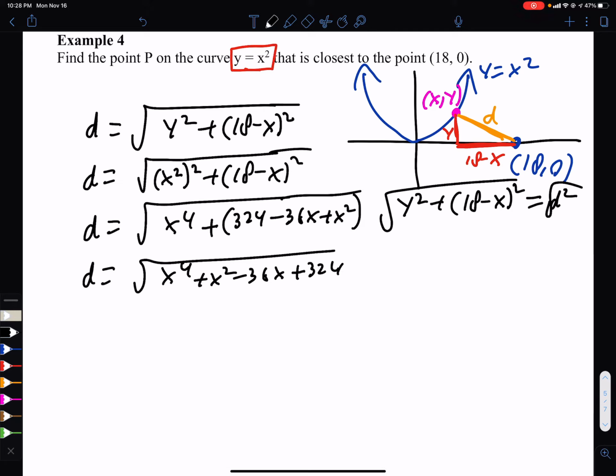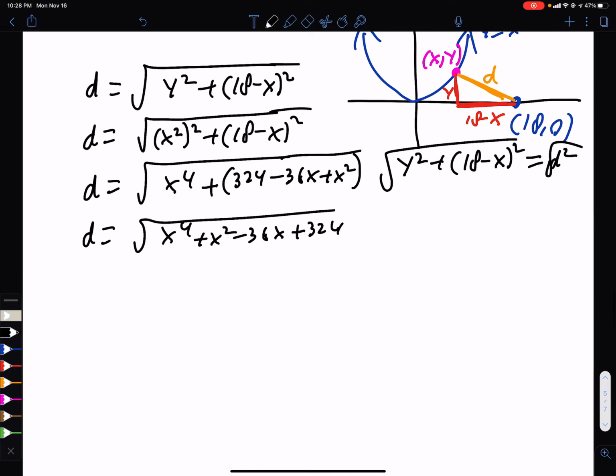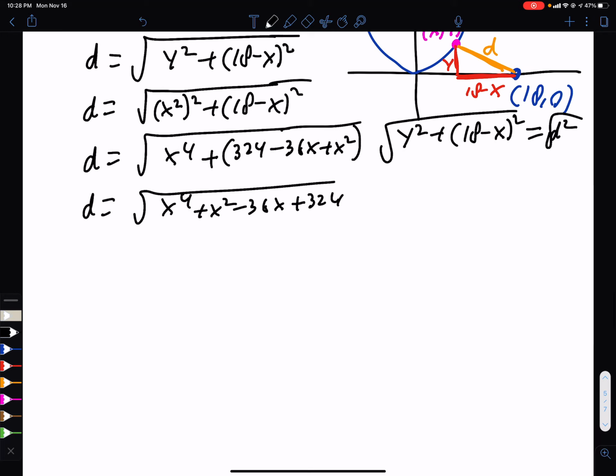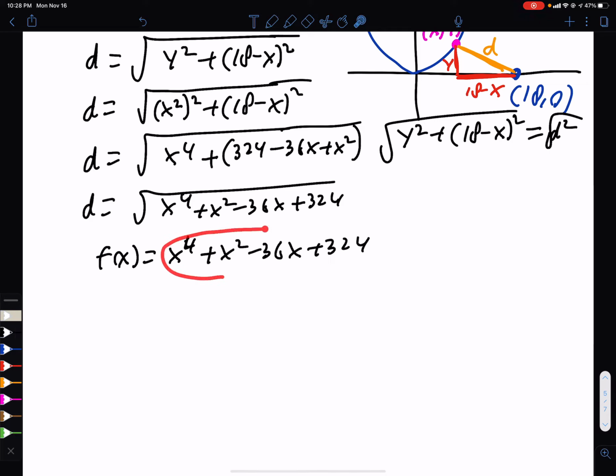But here's where it gets a little ugly. We don't want to take the derivative of that. That's ugly. So here's my proposal. I call f of x the inside. Here's my logic. If I make this a minimum, small as it can be, so therefore I'm making this inside minimum.